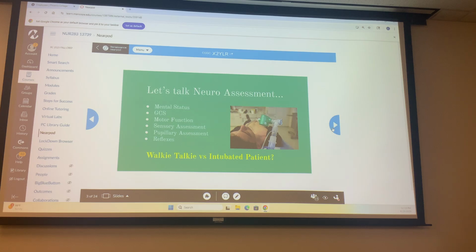So again, this is what you're evaluating. When you talk about mental status, you're picking where your patient lands, okay? You need to understand what these words mean and be able to speak to it, because this is part of your neuro assessment. Please know that when someone is intubated, your neuro assessment is going to change.